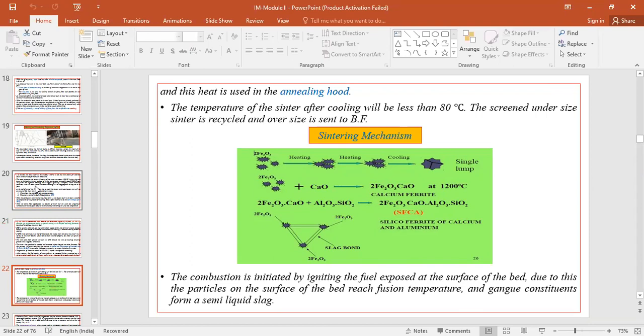So this is all about the sintering process. But what is actually happening on the sinter bed during the sintering process? How does the raw mix behave? Let us say we are adding hematite ore, Fe2O3, and this is intermixed with iron ore particles, then you have fuel, then you have fluxes.